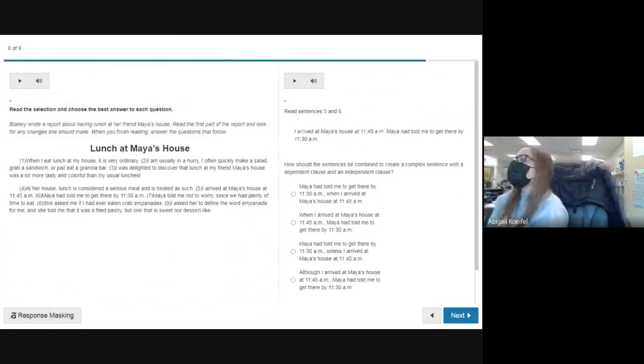Number 8, read sentence 5 and 6. I arrived at Maya's house at 11:45 a.m. Maya had told me to get there by 11:30 a.m. How should the sentence be combined to create a complex sentence with a dependent clause and an independent clause?